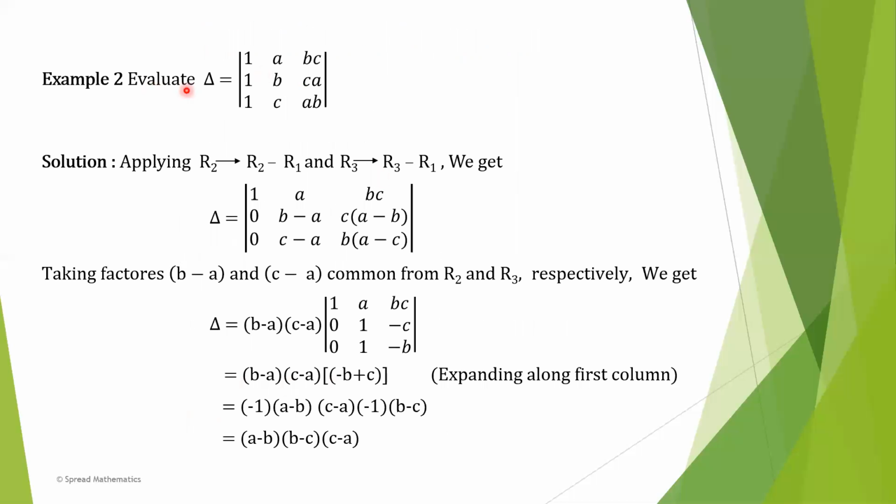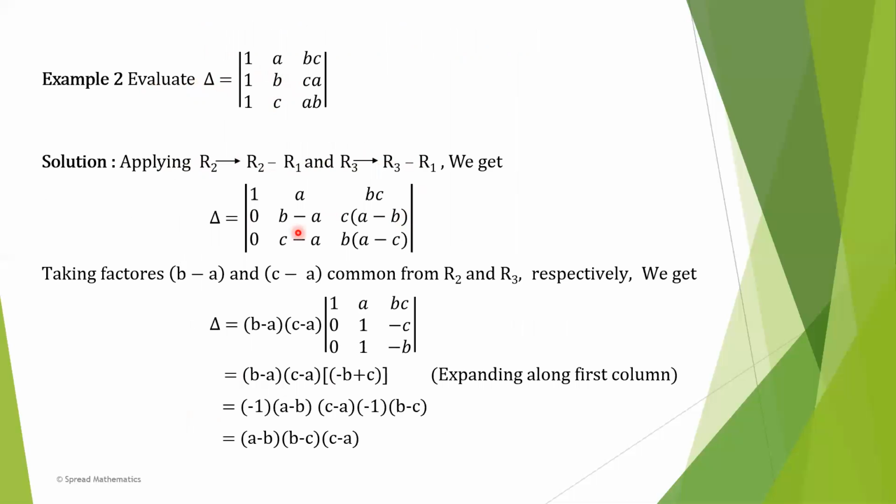Now next example is evaluate delta equal to this. We are taking this determinant and we are applying also R2 replaced by R2 minus R1 and R3 replaced by R3 minus R1, we get this.